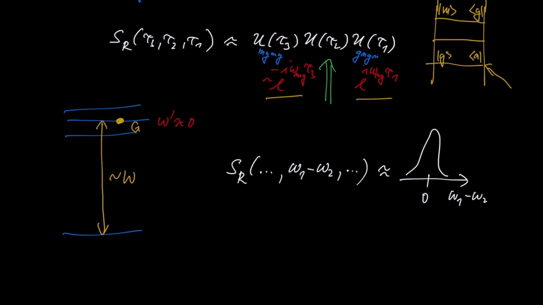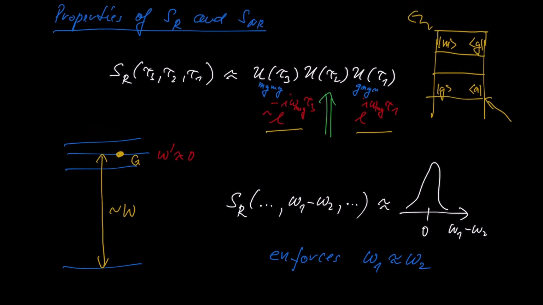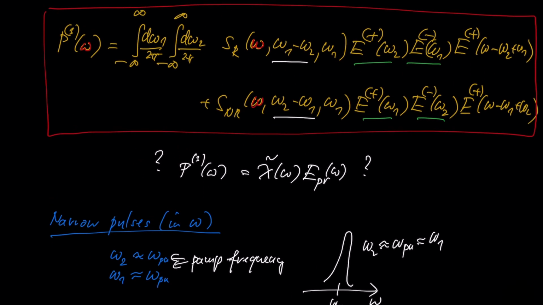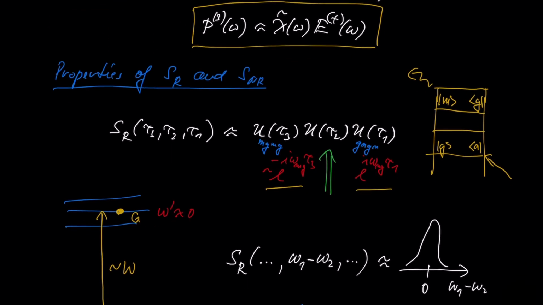It peaks around 0 and it enforces omega 1 roughly to be the same as omega 2. And that's the second reason why, in fact, I can write an approximation for the P3 omega and assume that it really has the expected form of P3 omega equal chi delta omega and the electric field of omega.